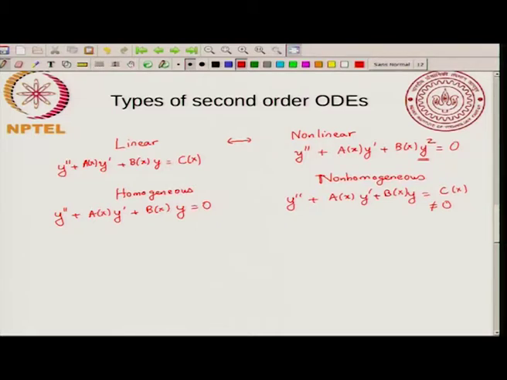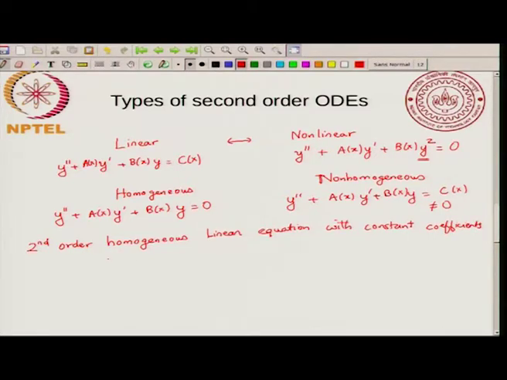Further we might encounter some second order differential equations where these functions a of x and b of x might have a specific form. So suppose a of x, b of x may be a constant. So we could have a second order homogeneous linear equation with constant coefficients.